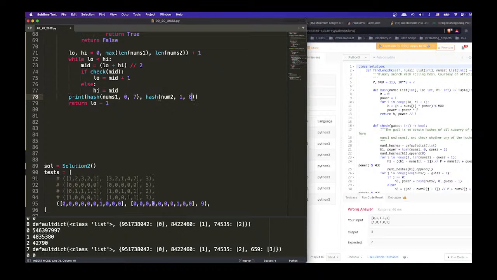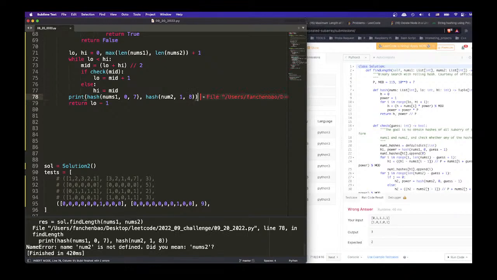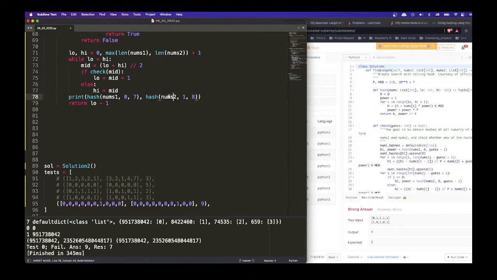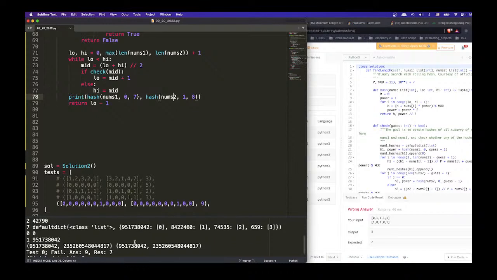Right, 1, 2, 3, 4, 5, 6, 7, 8. Nums 2. They're supposed to be the same. They are the same. See that? They are the same. Oh, that's 7. No, that's 8.